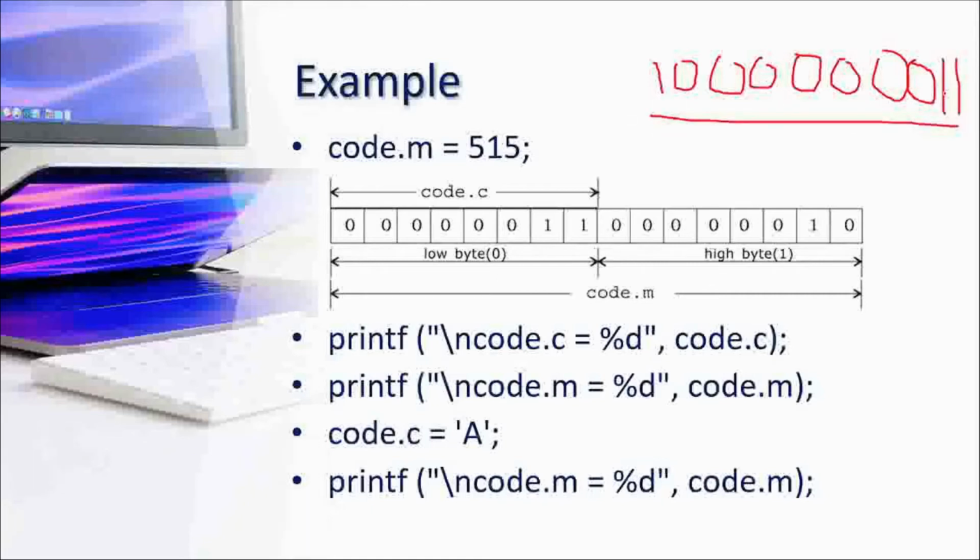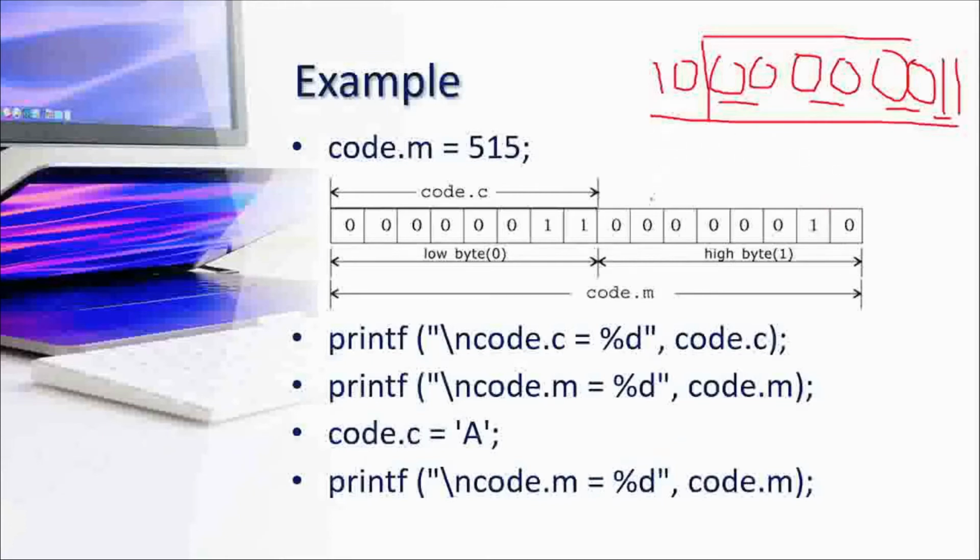So the last 8 digits will be occupied by the first byte. This first byte, 0 0 0 0 0 0 1 1, occupies the last 8 bits, and the remaining 8 bits are occupied by the high byte.